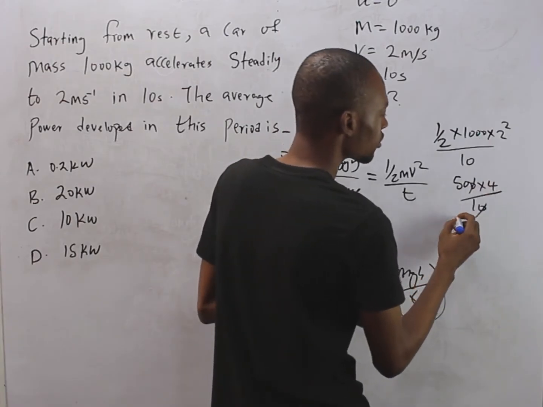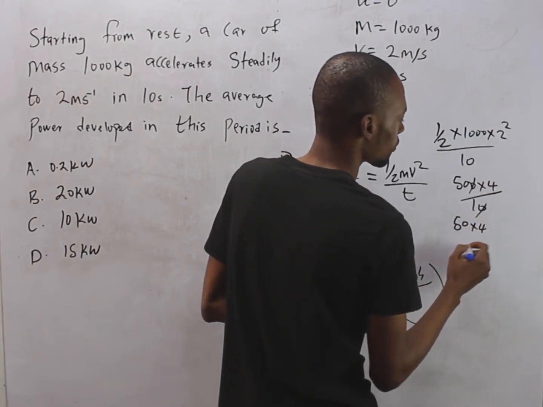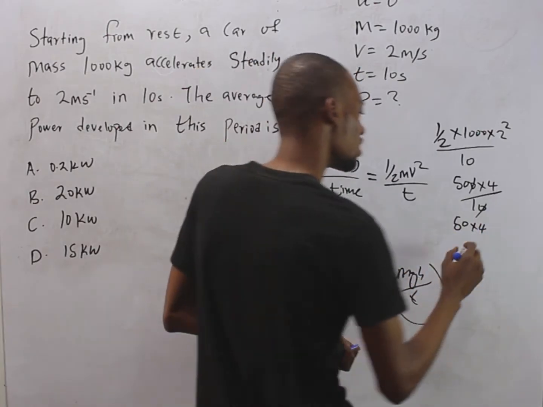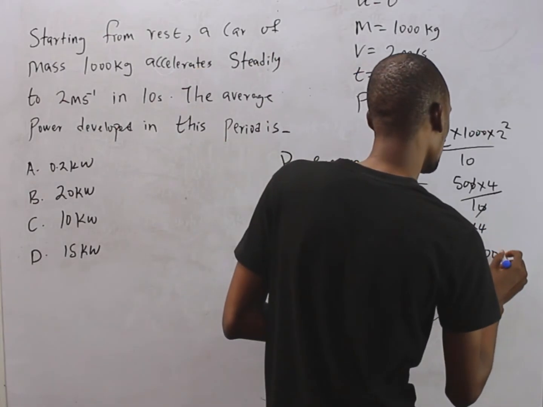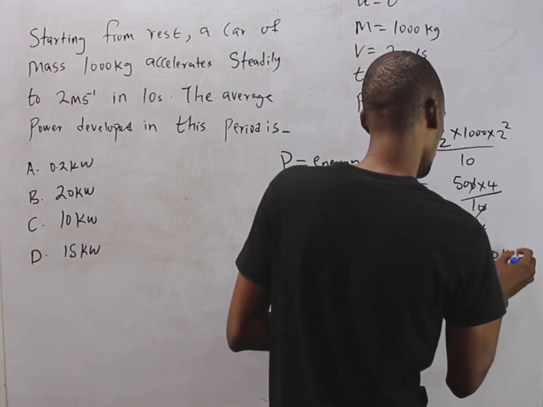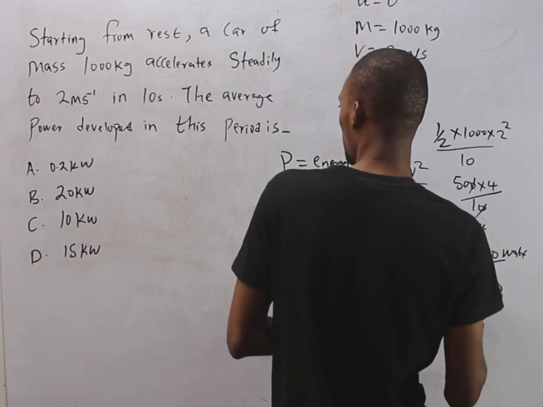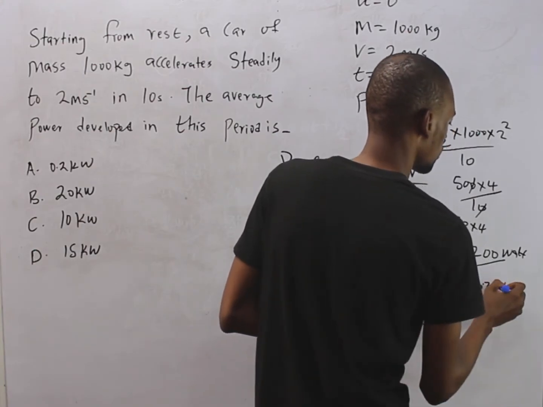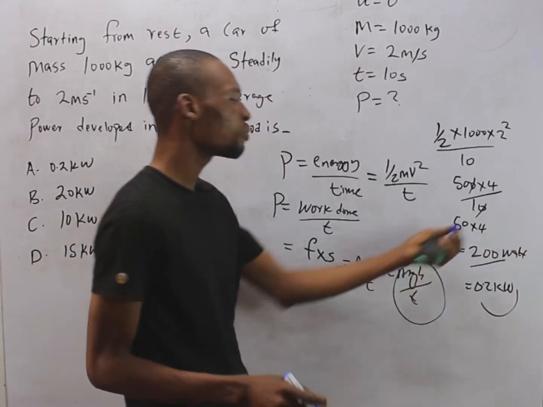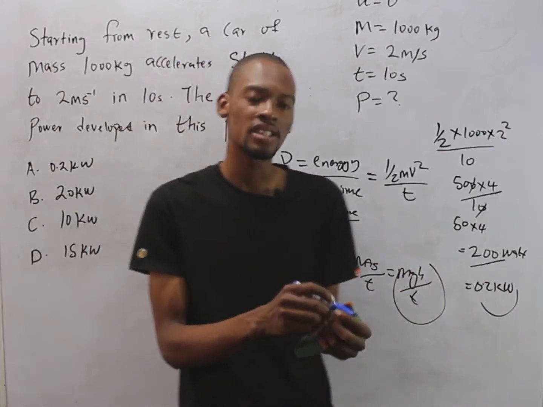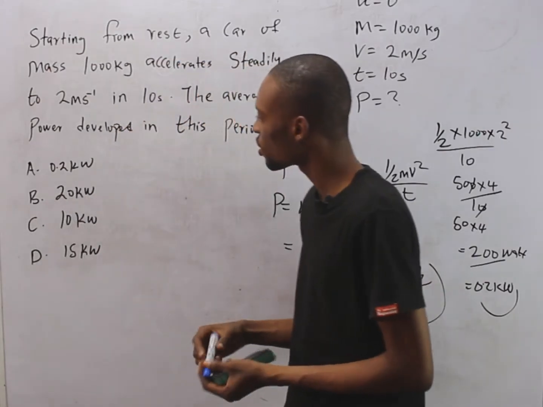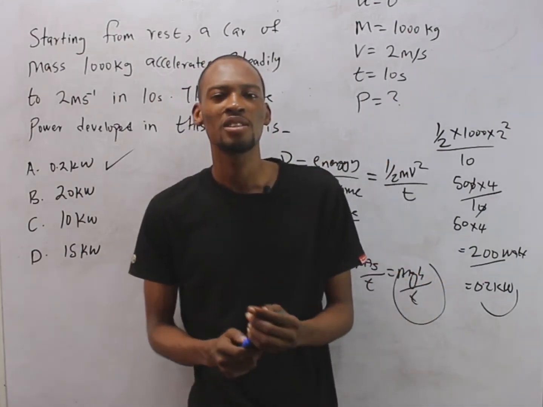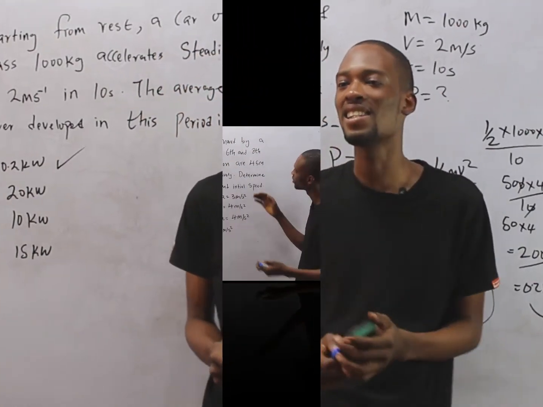This cancels this, so this is 50 times 4. 5 times 4 or 4 times 5 is 20. So this is equal to 200. 200 watts divided by 1000 is equal to 0.2 kilowatt. 200 watts or 0.2 kilowatts is correct. Option A is the correct option. This is how you attempt questions like this.